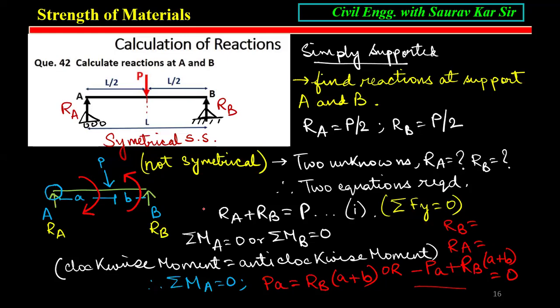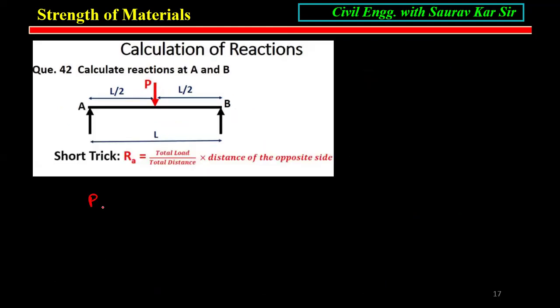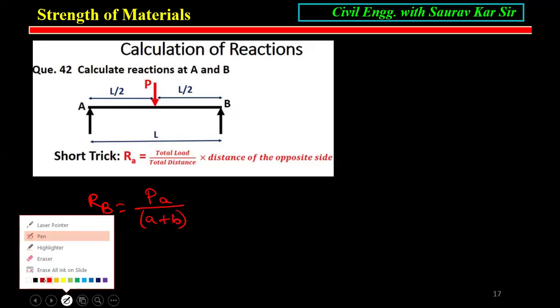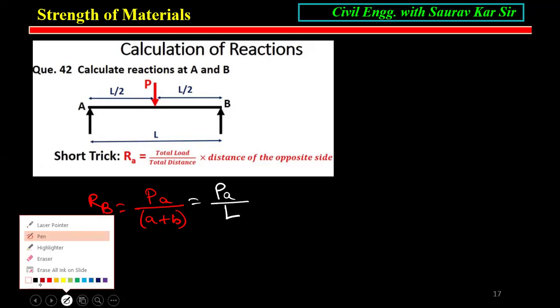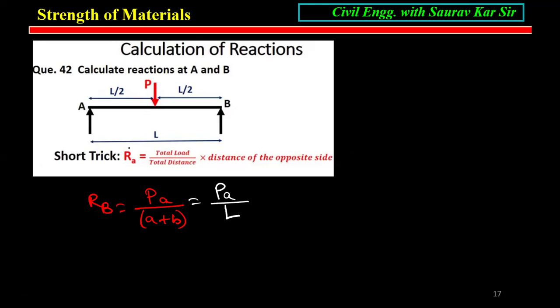So the equation is PA equals RB into A plus B. If we find RB by cross multiplying, RB equals PA divided by A plus B. A plus B is the total length L. So this is the shortcut trick you can apply in competitive exams.